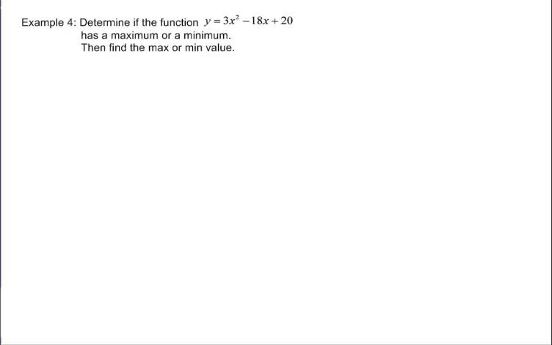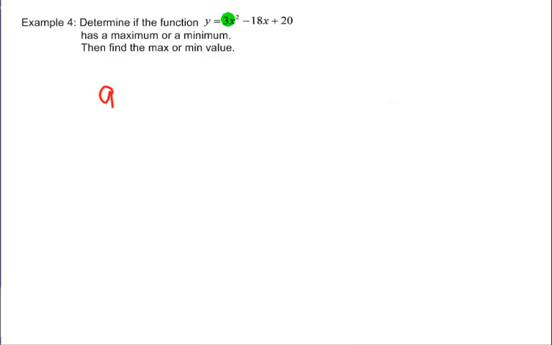Okay, the last big thing to figure out is, do we have a maximum or a minimum with this quadratic function, y equals 3x squared minus 18x plus 20? Well, what we need to do is look at our function and determine, is this opening term positive or negative?